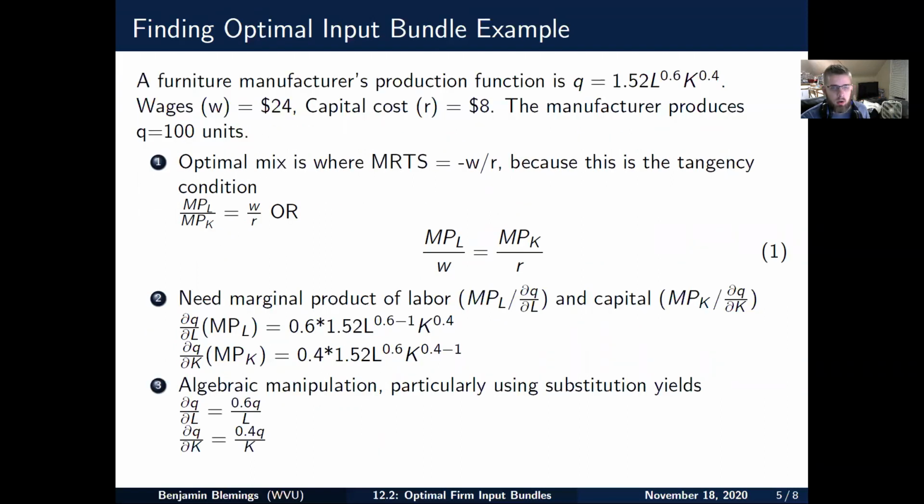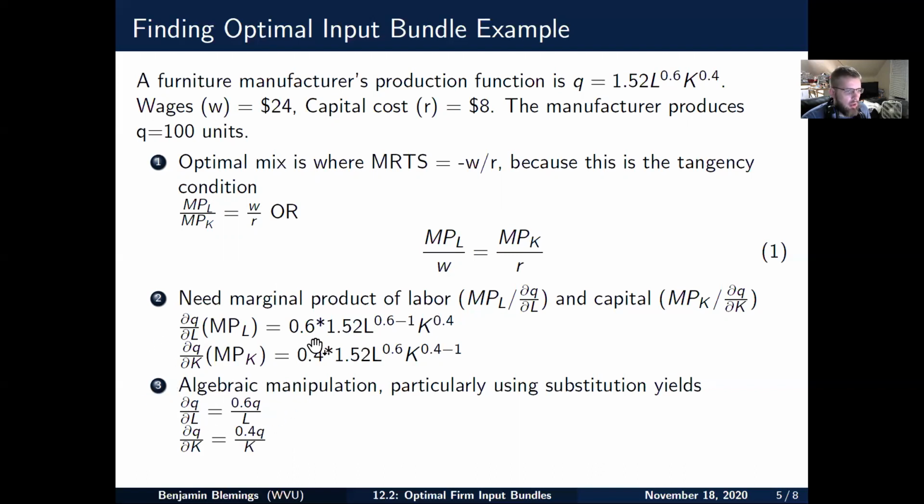This part took me a long time to figure out what they were doing in the book. There's a proof in the book that shows this, but the marginal product of labor will just be 0.6 Q over L. And it's weird that you can go from kind of this dQ/dL to this dQ/dL.